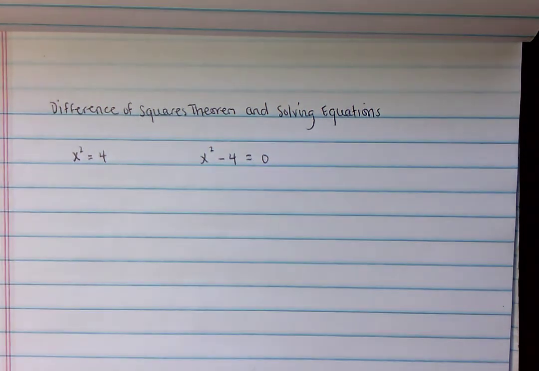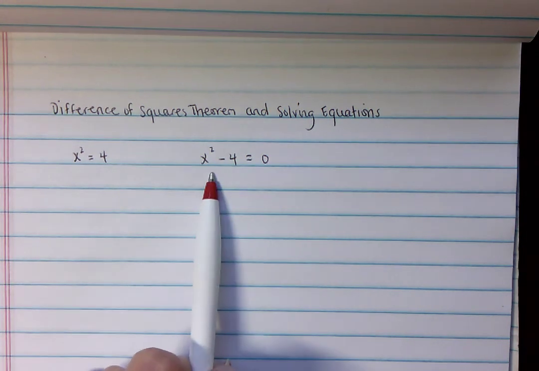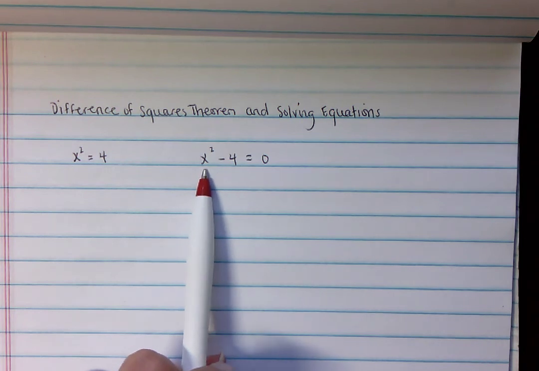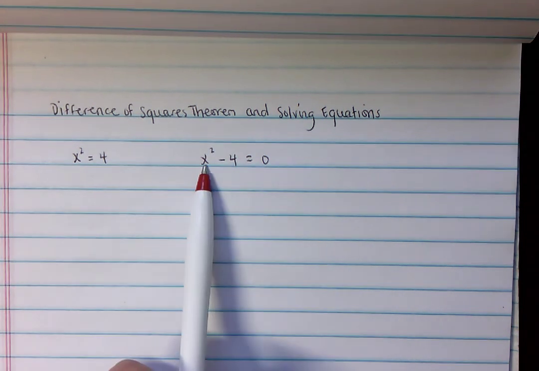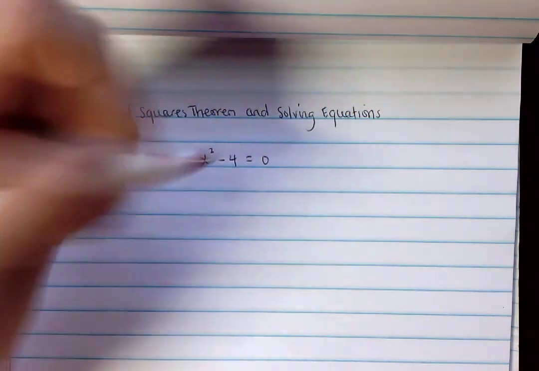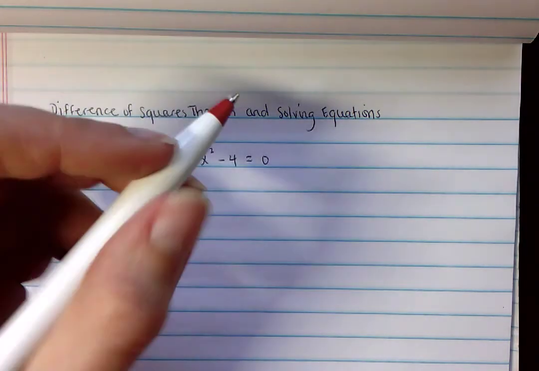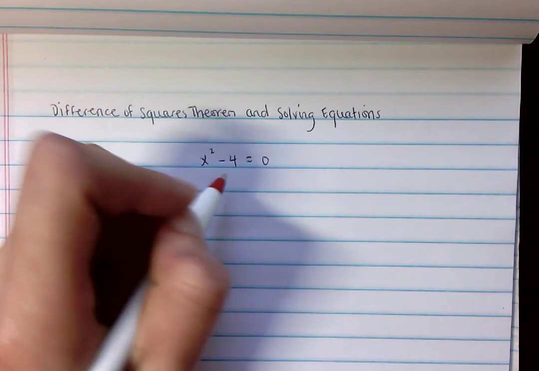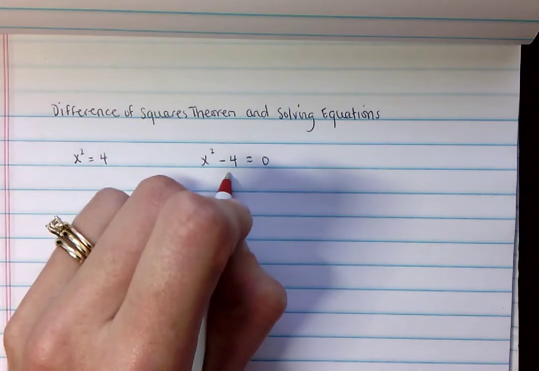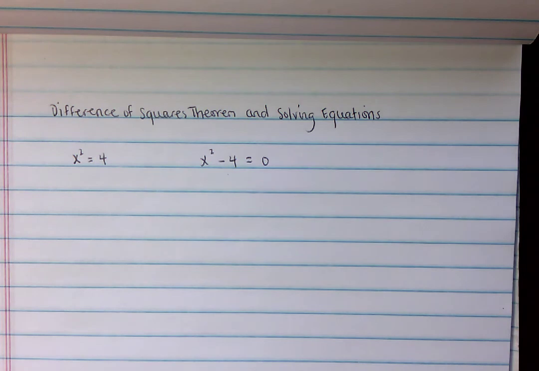In a previous lesson in our book, we learned about factoring a difference of squares, but we'll just go over that one more time. Again, this is a difference of squares. One way to think of it is, normally when you factor these trinomials, you're trying to think of two numbers that when multiplied give you the last number, but when added give you the middle number.